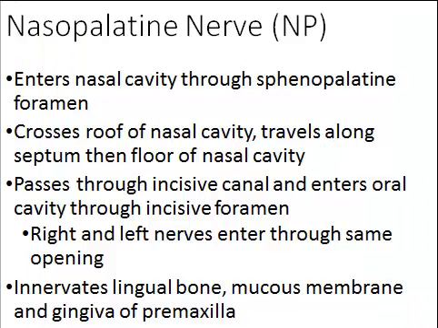So let's look. It enters the nasal cavity through the sphenopalatine foramen, crosses the roof of the nasal cavity, travels along the septum, then the floor of the nasal cavity, passes through the incisive canal and enters the oral cavity through the incisive foramen. So the nerve itself is exiting out to the tissue.